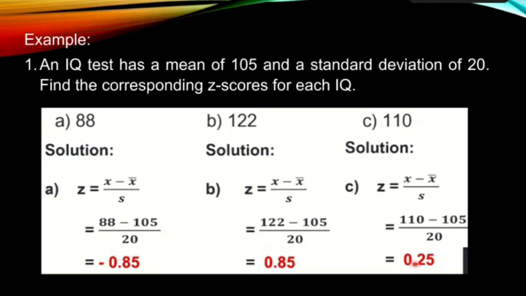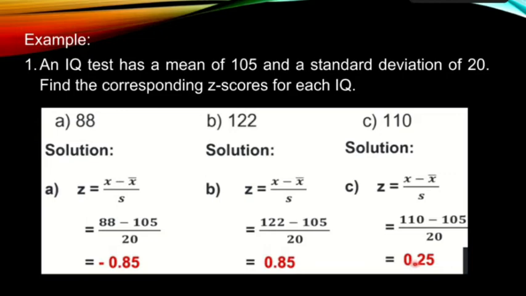Okay, an IQ test has a mean of 105 and a standard deviation of 20. Find the corresponding z-scores for each IQ. When we are solving a problem, we ask for what are given. So, we have already the mean, which is 105, and a standard deviation of 20.